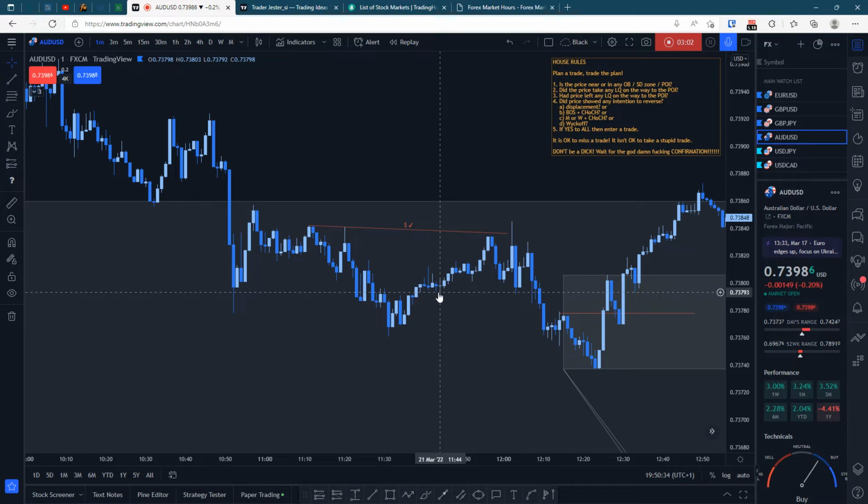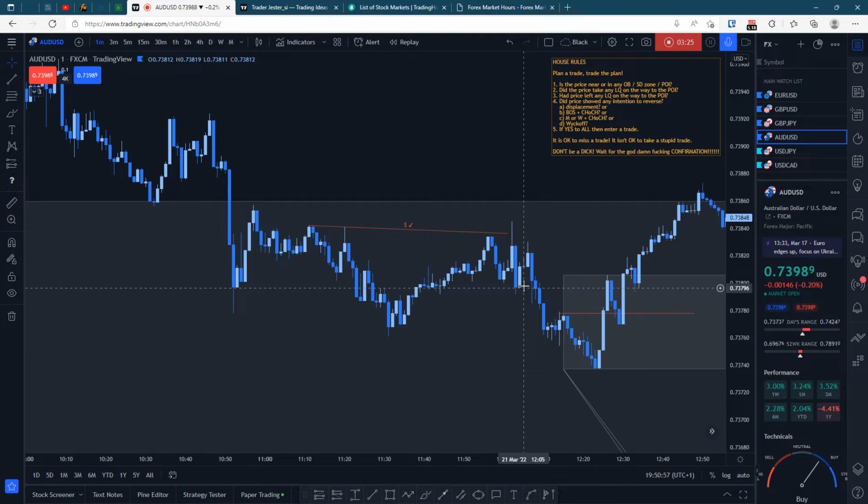On the doji, and then what the price did was, I entered somewhere here. No, I entered on this move down. Sorry. Okay, my entry was just on the start of this last down candle before the up move that broke structure.